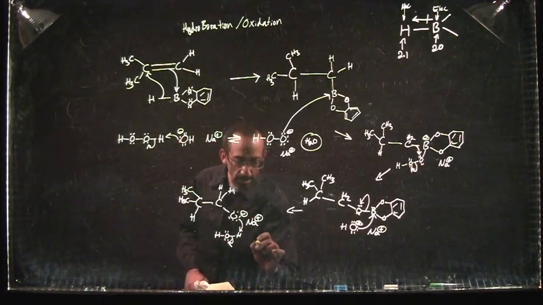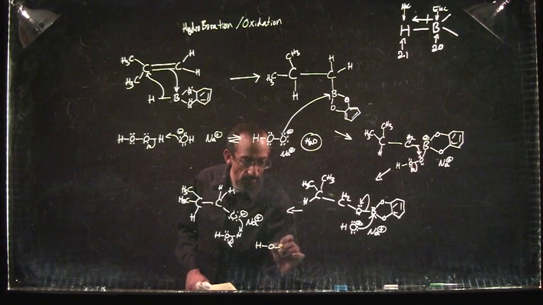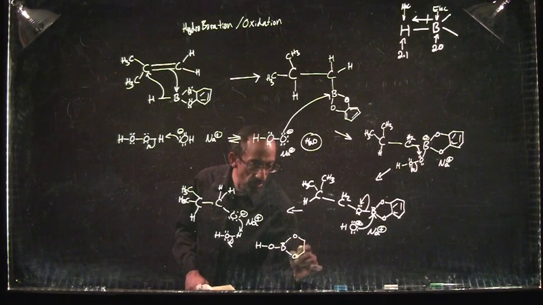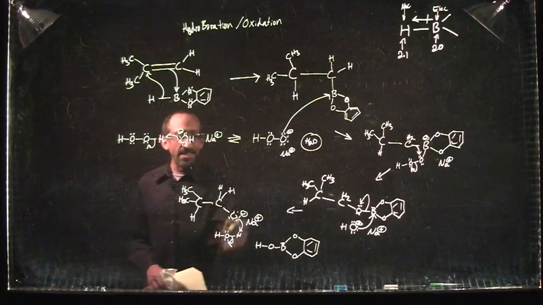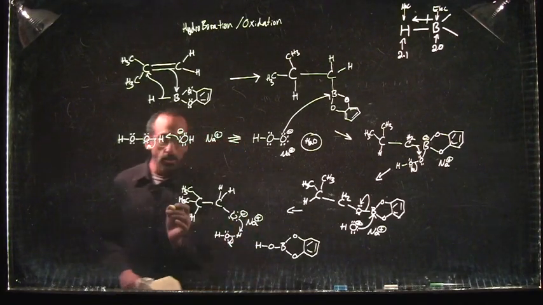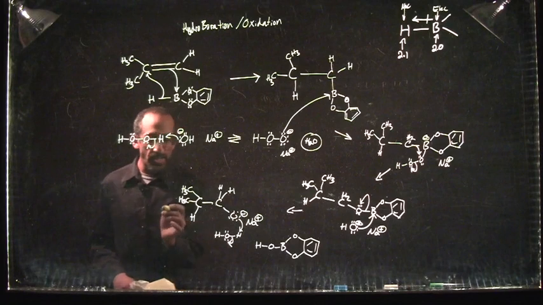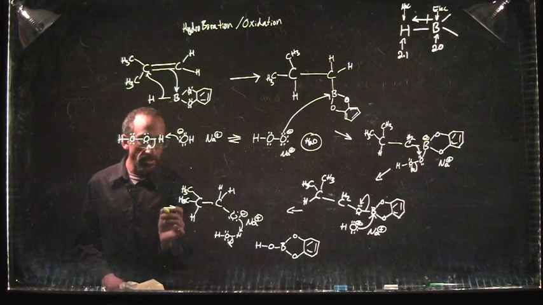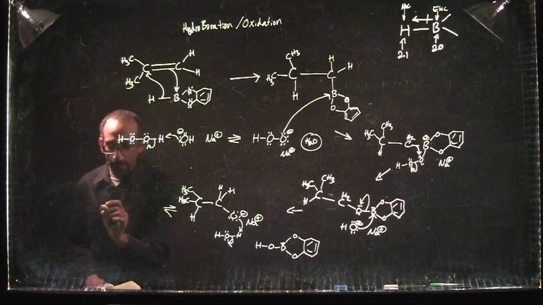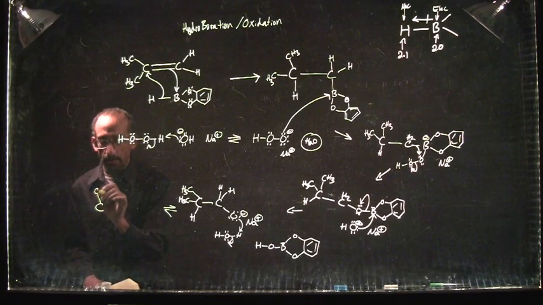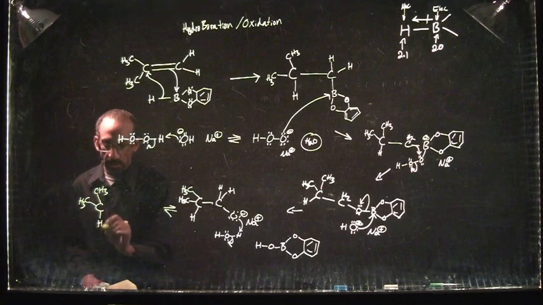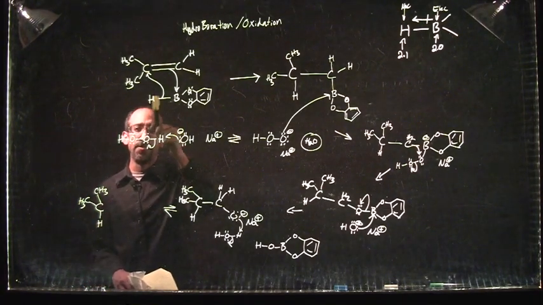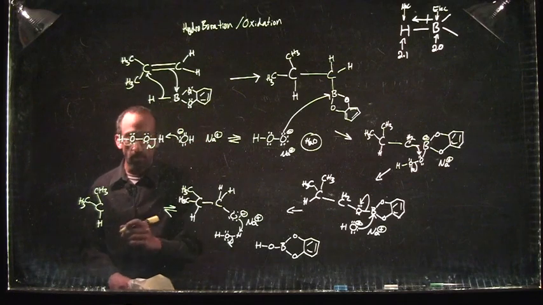I should show you here the byproduct from our catechol borane. It just has that hydroxide group now bonded to the boron. And so in our last step, the alkoxide deprotonates water, and we are left with our newly formed alcohol. There's the hydrogen that we got in the very first step of our mechanism when we did our hydroboration.